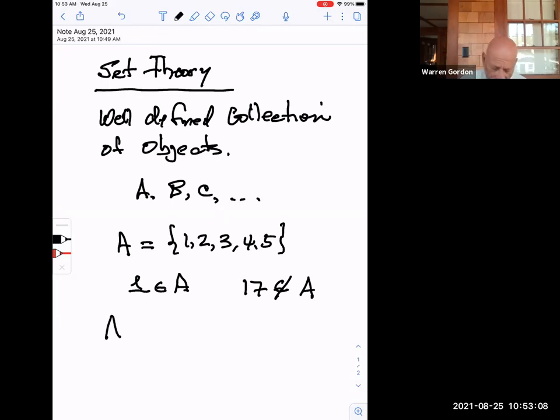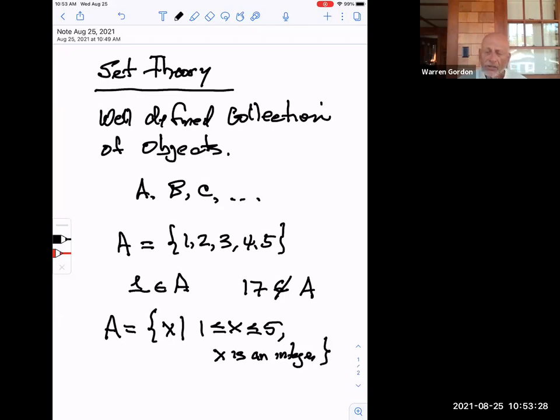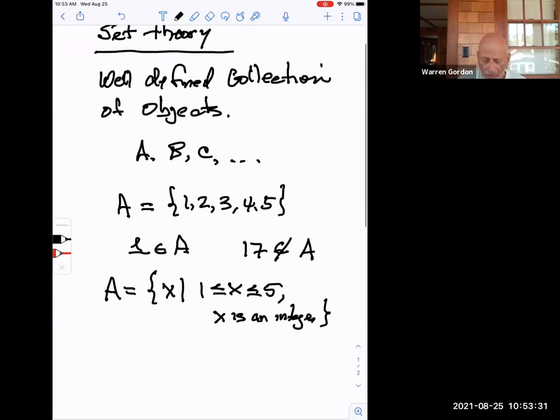Here's another way of representing the same set. A is the set of all numbers x such that, the vertical line is read as "such that," x is between 1 and 5, and x is an integer. This is sometimes a simple way of representing a set.